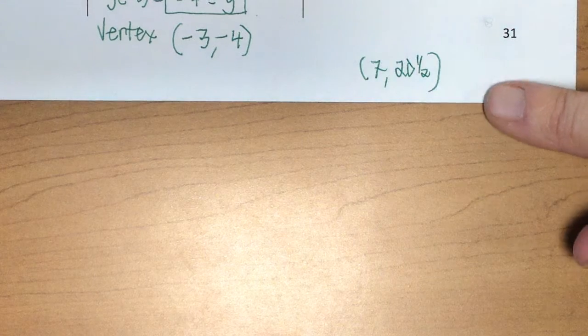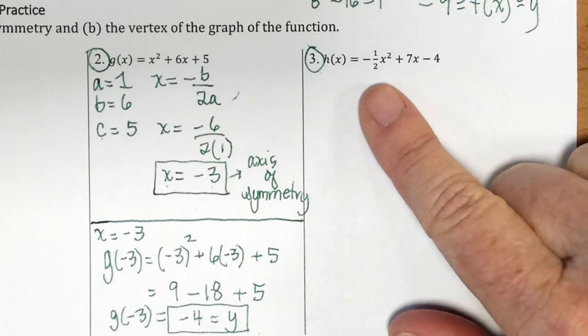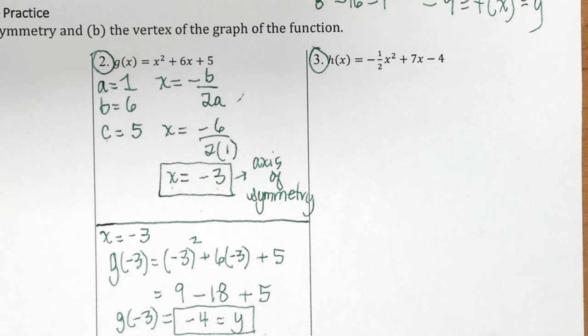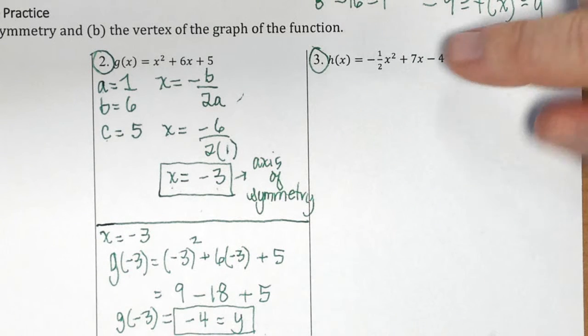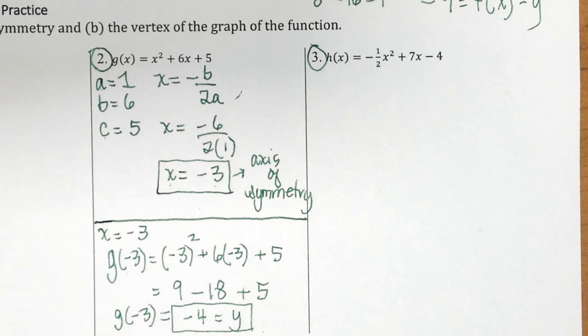It's 70 and 20.5. Because it's fractional, I think it's a good idea to try it, just because you're given negative 1/2, and it forces you to work with fractional numbers, which I think is always important in your math development. So that's what we covered yesterday or Tuesday class.